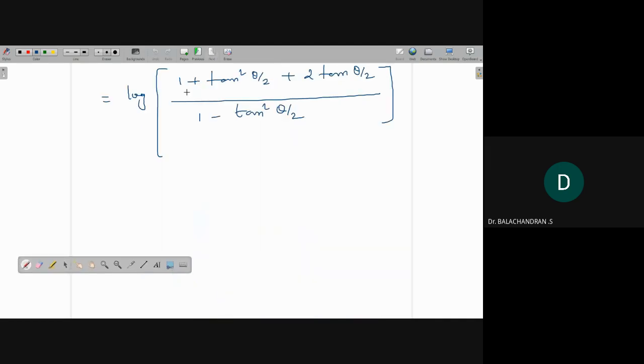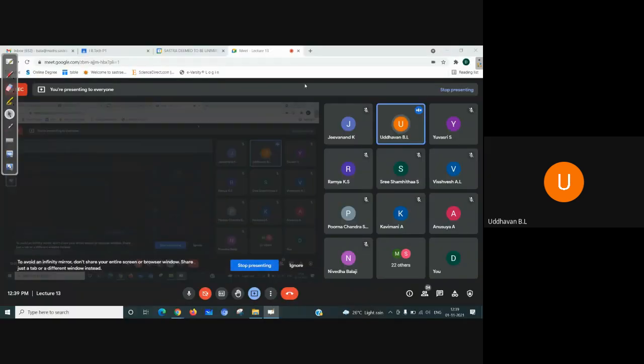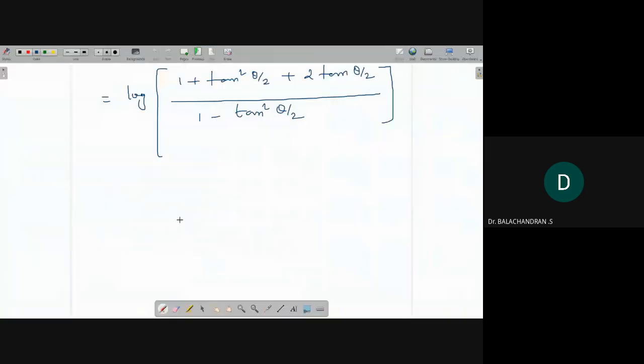So 1 plus tan square theta by 2 gets cancelled. Sir, can we write the numerator as 1 plus tan theta by 2 the whole square, by 1 plus tan theta by 2 into 1 minus tan theta by 2? Yes, correct, you are correct. I will do that in the next step.